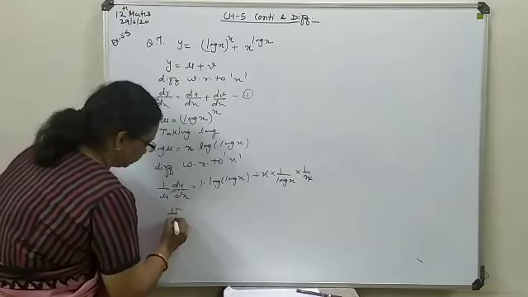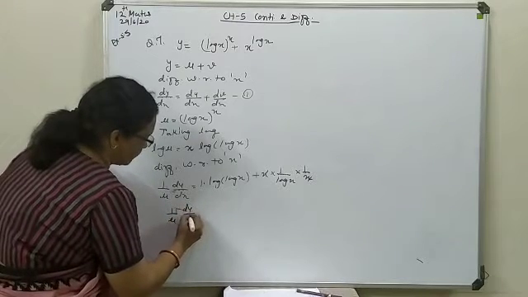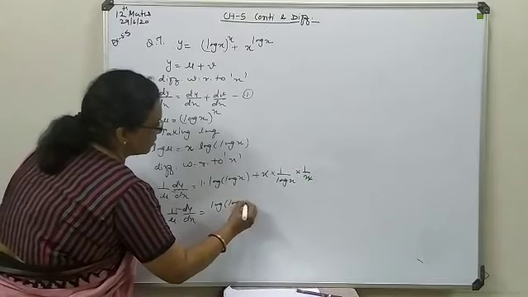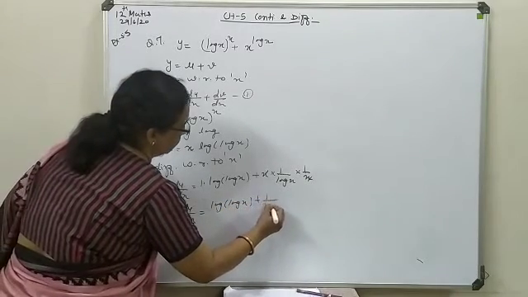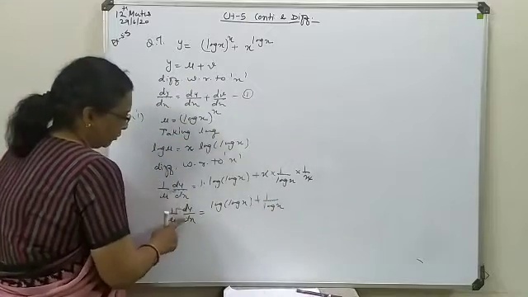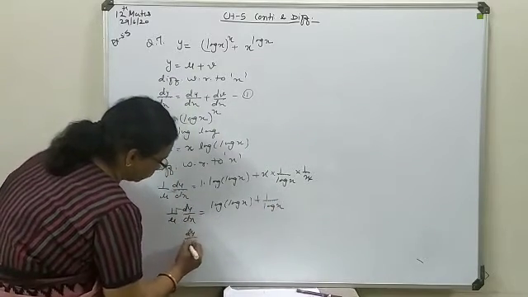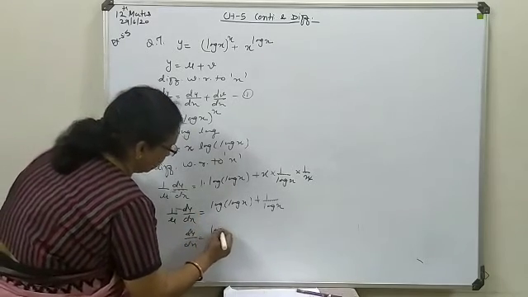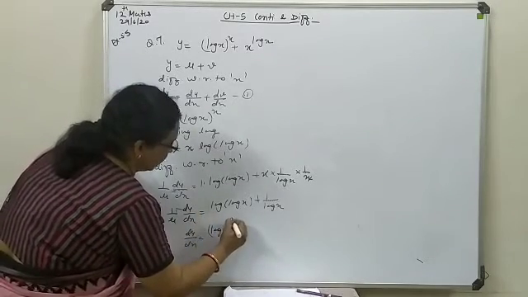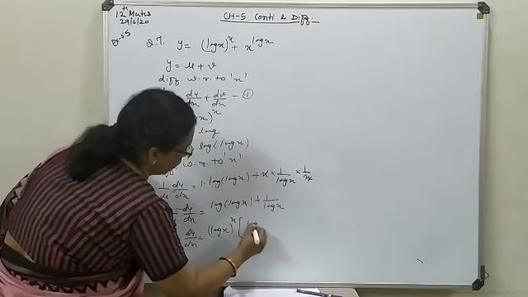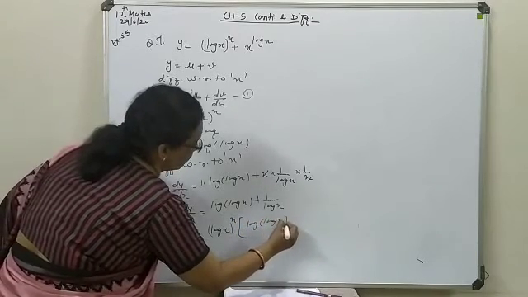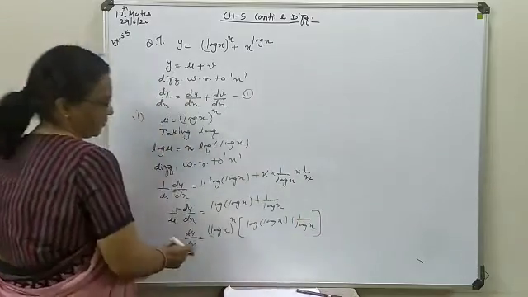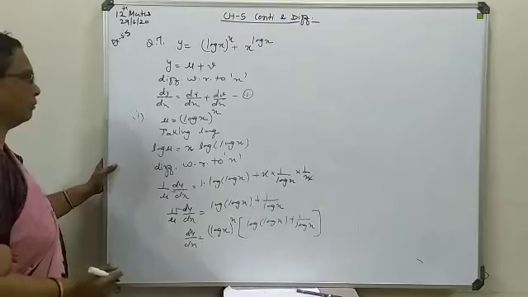So further, write the remaining combinations: log of x plus 1 upon log x. Du by dx you separate. U is to be multiplied, means log of x with power x, times log of x plus 1 upon log of x. So this is the first part, we are having the solution form.